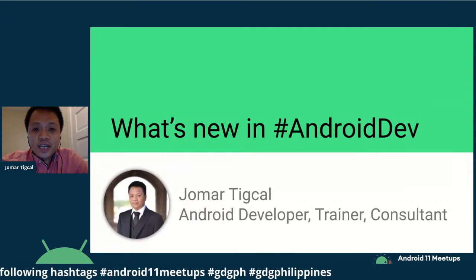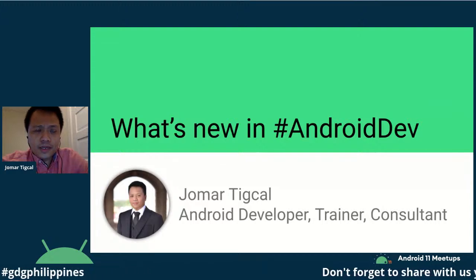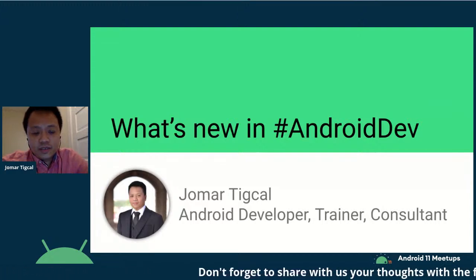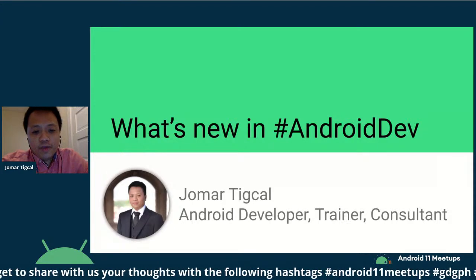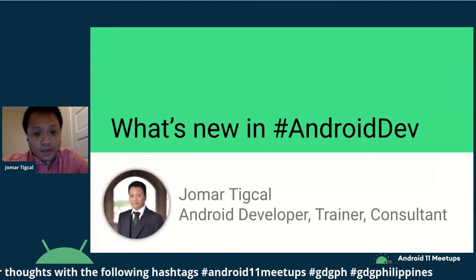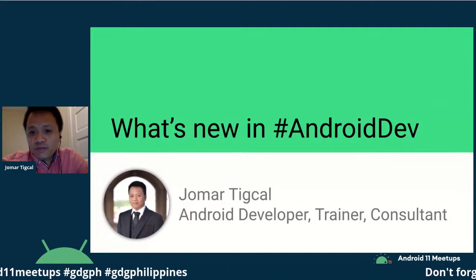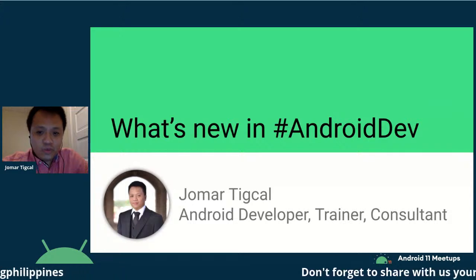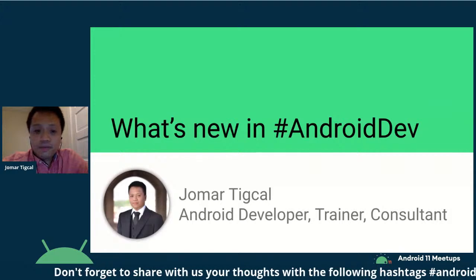They just announced the beta launch show last June 10. They just released all these new videos, all this information. So let's go over some of the new stuff coming for Android developers.